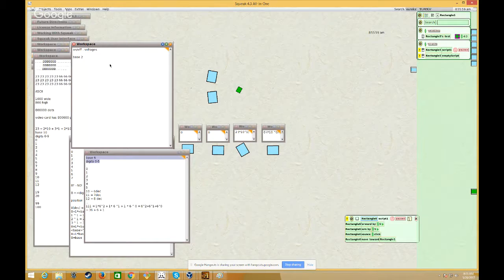And a 0 is off and a 1 is on, and we've just decided that. It could have been the other way around. But the one we chose was off, on equals 0, 1. Okay? 0 equals off, 1 equals on.